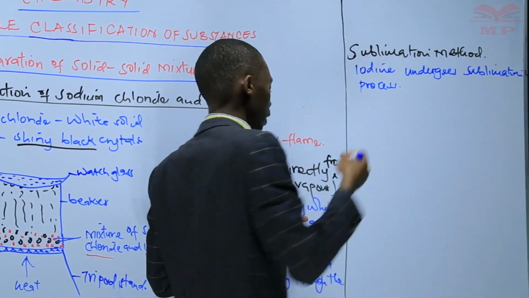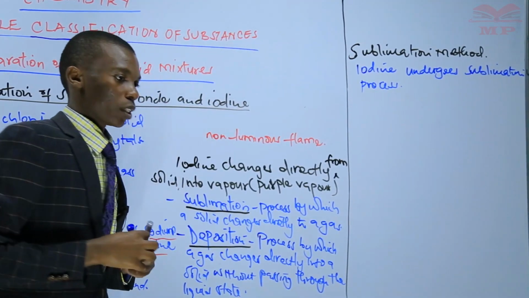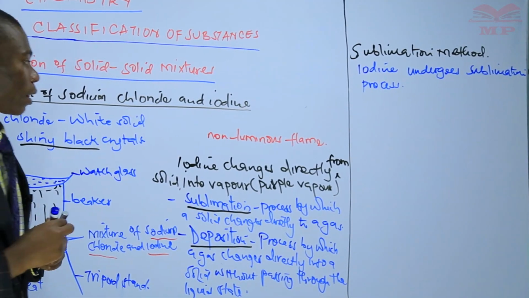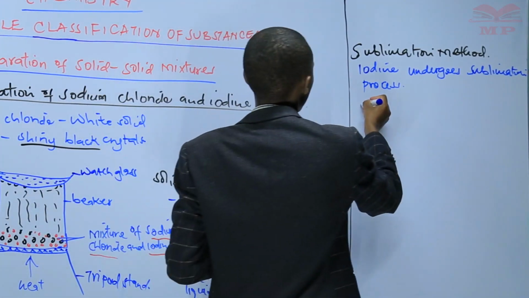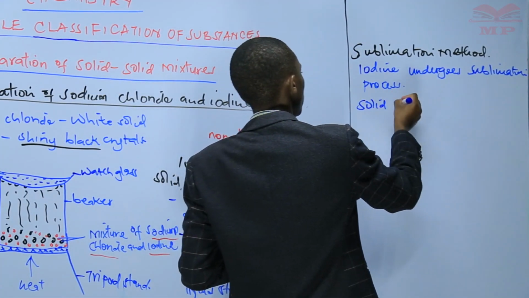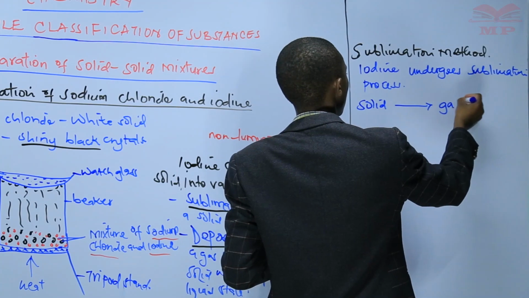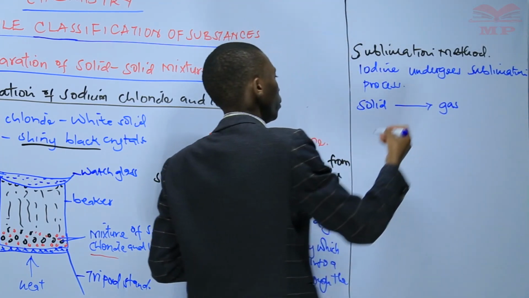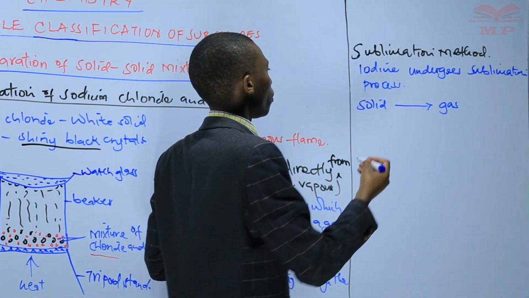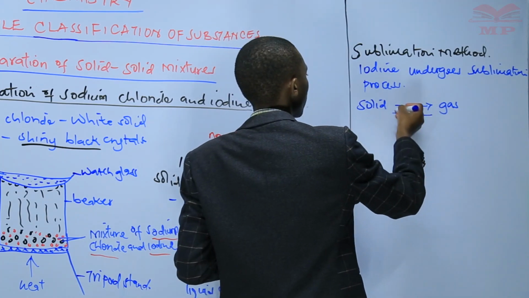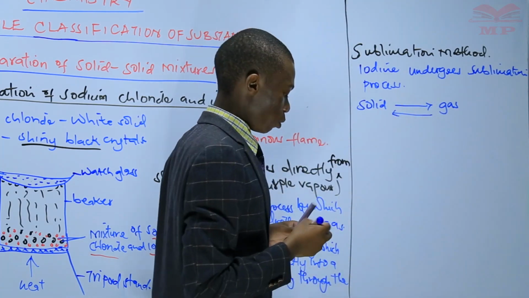Iodine undergoes sublimation process. Sublimation process just means from solid to gas. This is what we are calling sublimation. Then from gas to solid, this is what we are calling deposition.